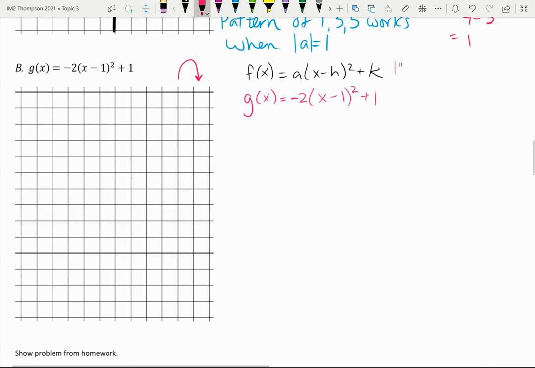I like to draw myself a little sketch just on the side so I don't forget that it goes down. When I recognize that it's a negative, I always just draw my little U upside down so I don't goof it up on my graph. All right. And this is going to go right 1 and up 1.